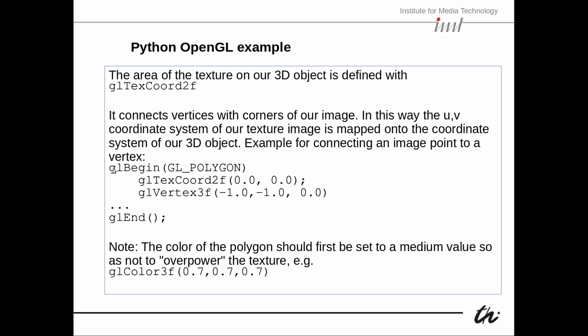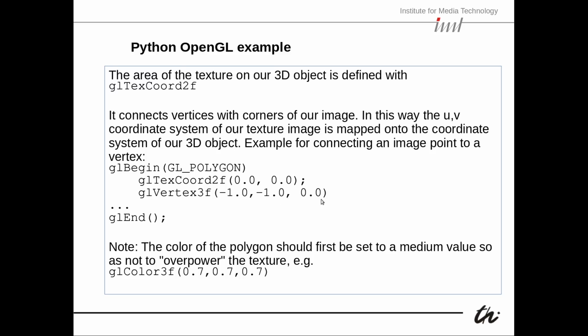An example for an image point to a vertex is given here. So here we begin the definition of a polygon, right? And here you can see the first vertex. So here glTexCoord2f. This is the texture coordinates, so this is one corner of our texture image, and here we connect it to the vertex coordinates.